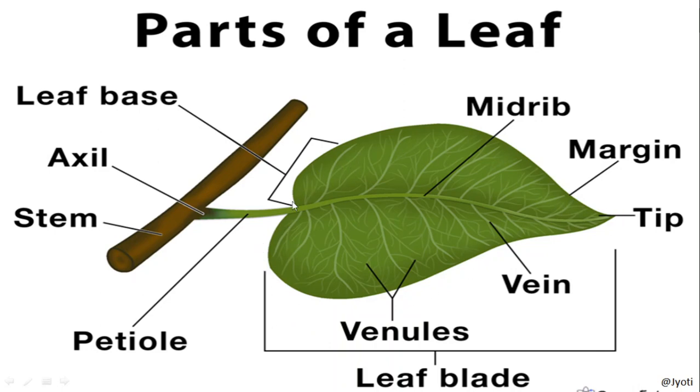This is the base of the leaf lamina, and this is a flattened structure, green in color, and it is rich in chlorophyll pigment. That's why it carries out photosynthesis, that is the food making process.